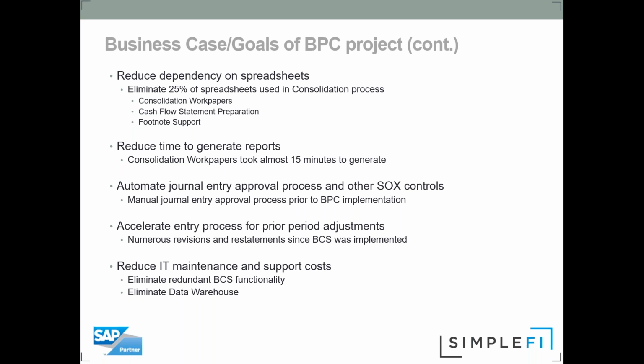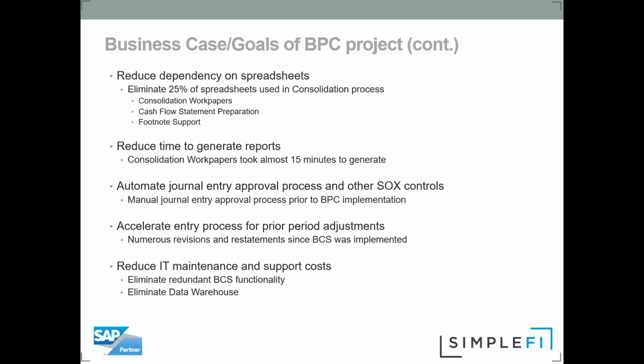They were basically pulling that information out of BCS and doing a number of things within Excel. Those consolidation work papers to generate and pull data would take 15 to 20 minutes to run, and it would lock up what they were doing. So it was: set it, run it, and go have lunch.